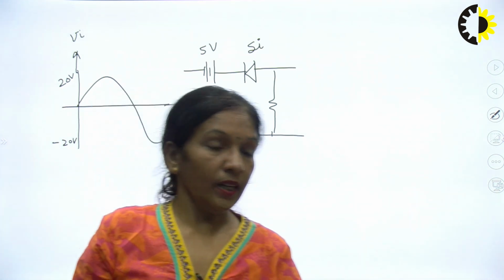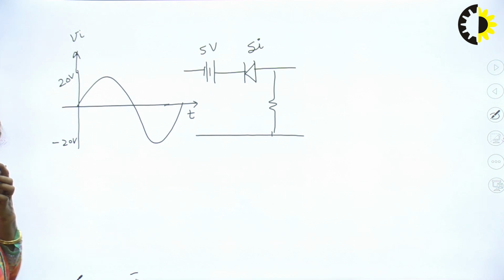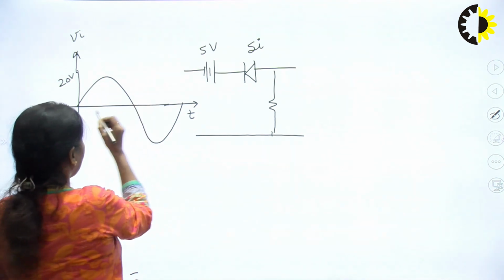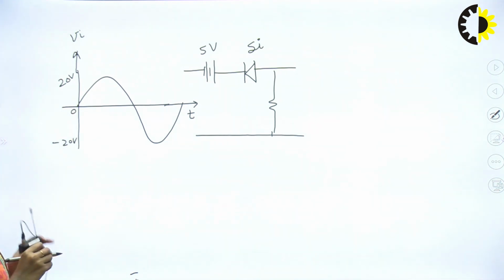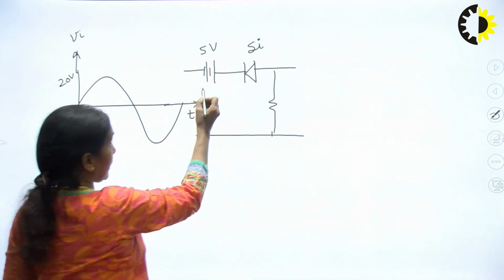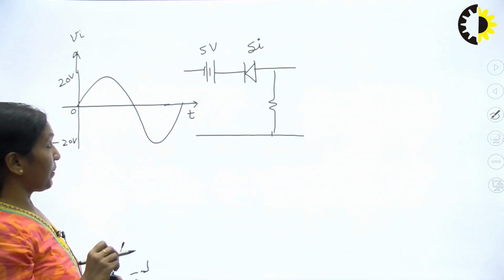So let us see how we start the analysis. Initially, at time T equal to 0, we can see that because of this battery, the diode is in a reverse bias state.